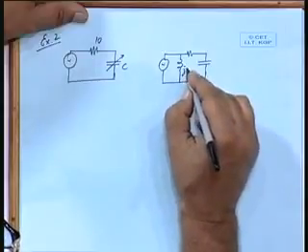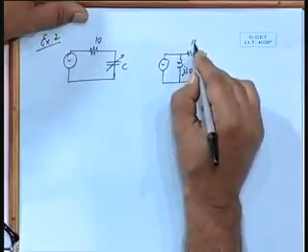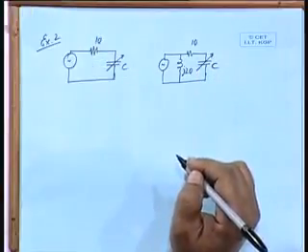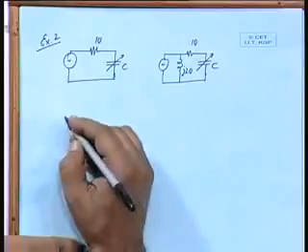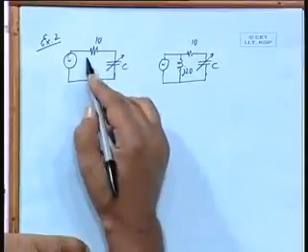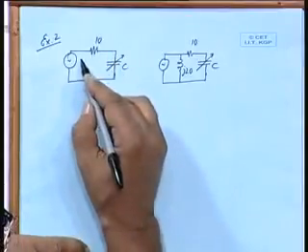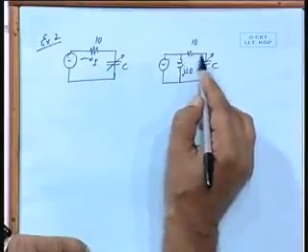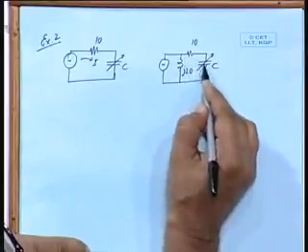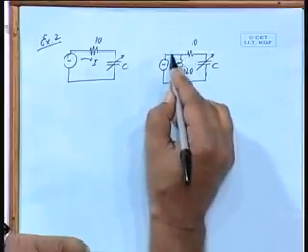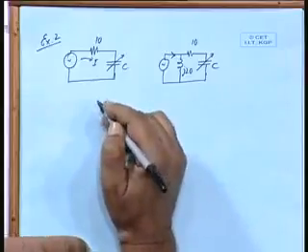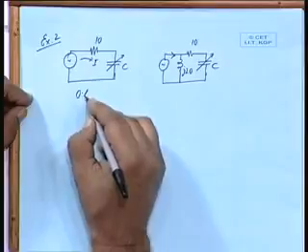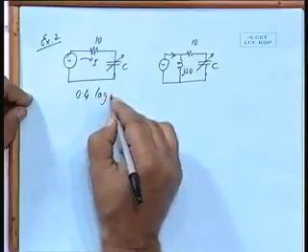This is J20, this is 10 and this is C. The question is, first of all, show the locus of this current. Next, see this locus is determined. Next, when is the total current having a power factor of 0.4 lagging?